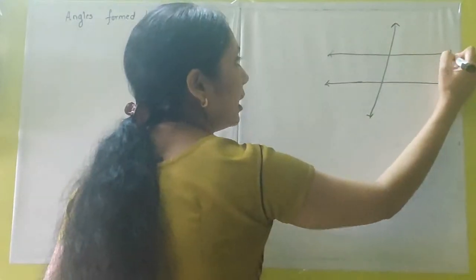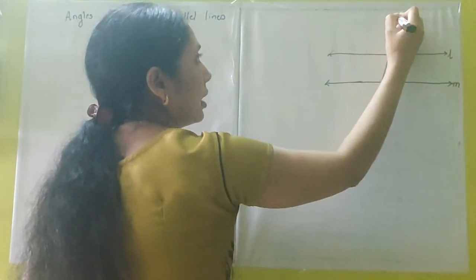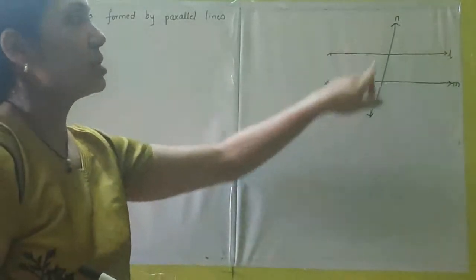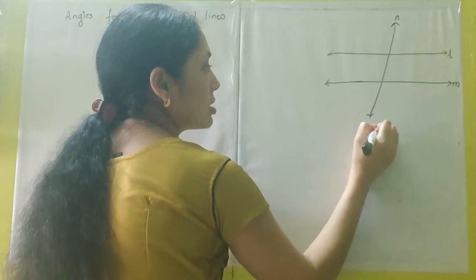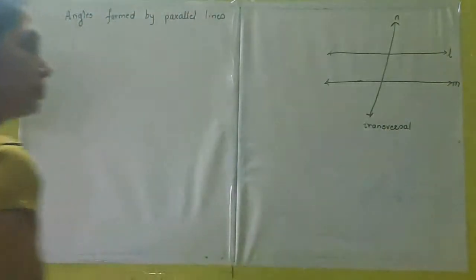This is line L, this is line M, this is line N. This line is called a transversal.